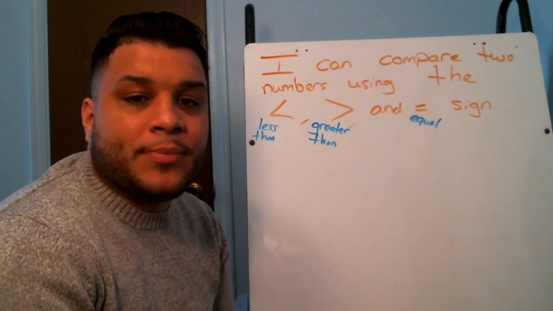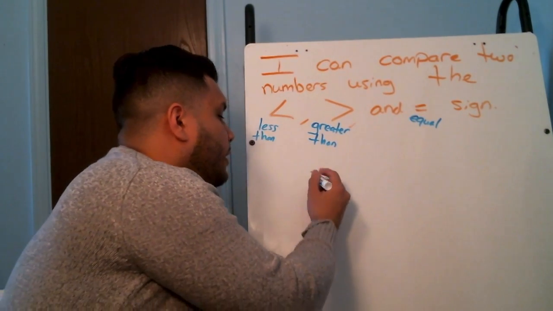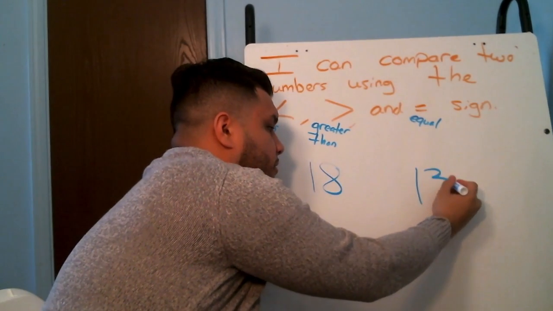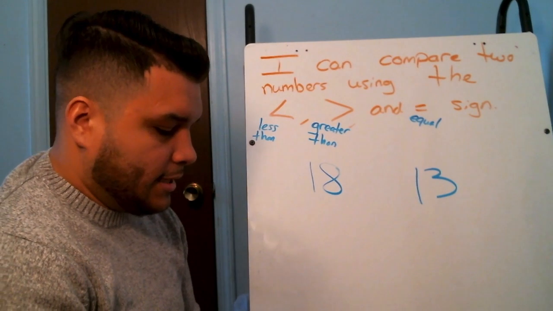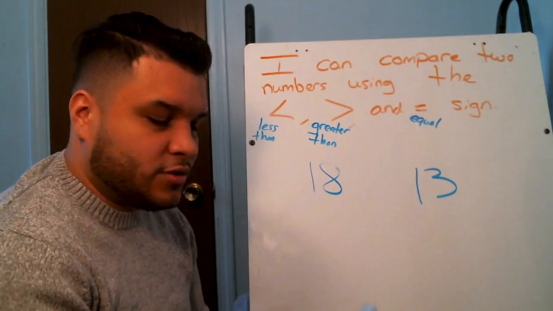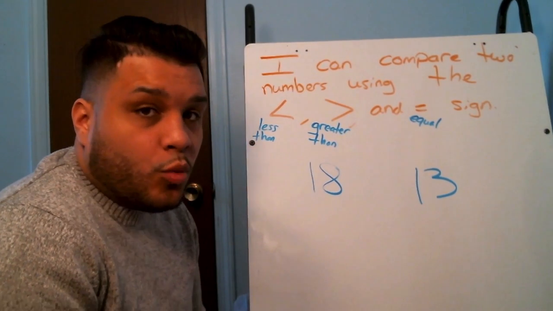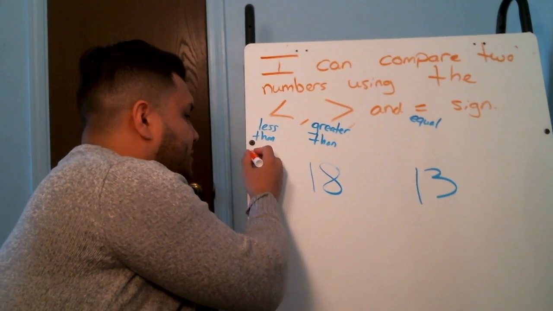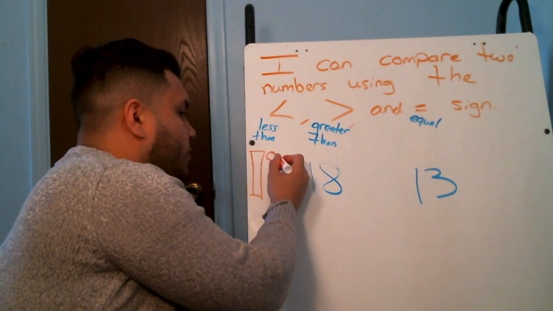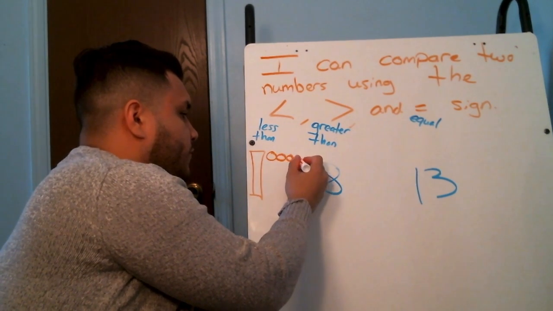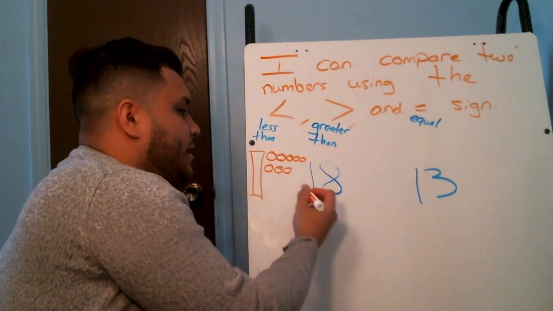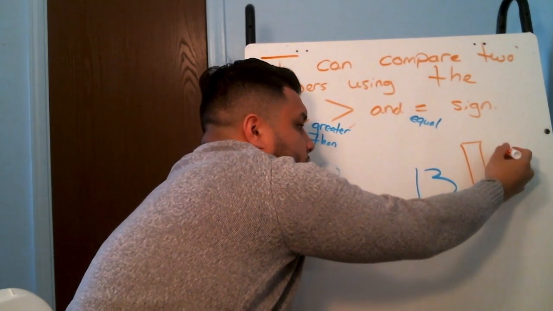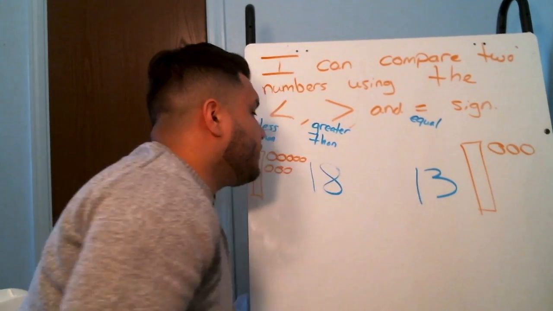Today we're going to be working with some different numbers. So the first example that I want to go over is 18 and 13. Now, to help me visualize this as well, this whole week we've been drawing pictures, so let me keep doing that. 18 has 1 ten and 8 ones. 1, 2, 3, 4, 5, 6, 7, 8. 13 has 1 ten and 3 ones. 1, 2, 3.